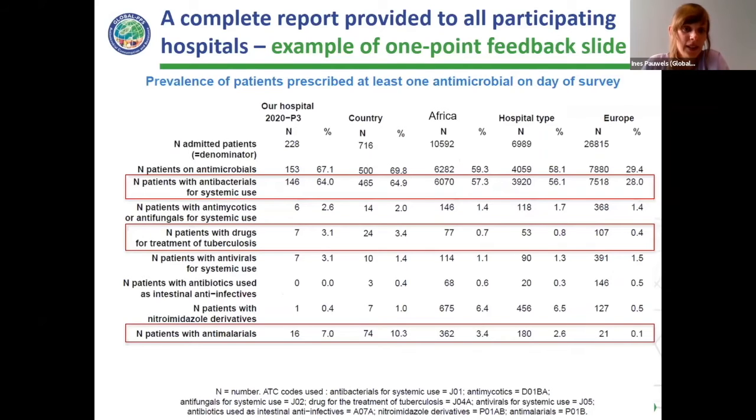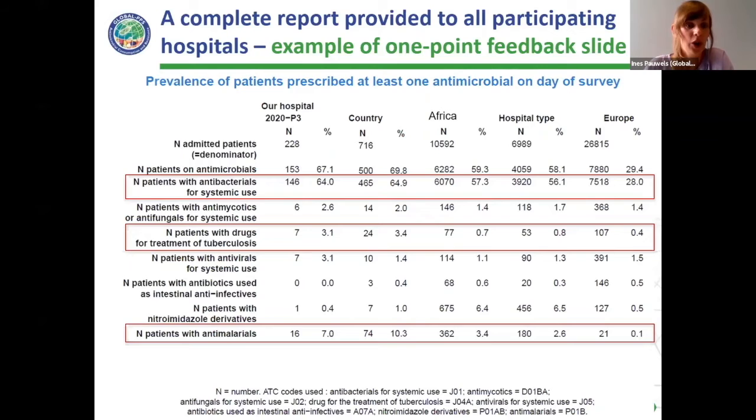On this slide is a little bit the same principle, but a little bit more detailed in terms of classes of antimicrobials. It's for another hospital. Here you can see that the overall antimicrobial use prevalence is higher. It's 67.1%. And here you also have it split up by antimicrobial group.